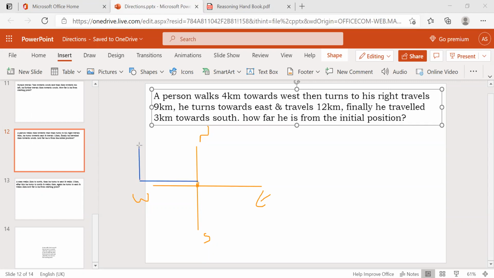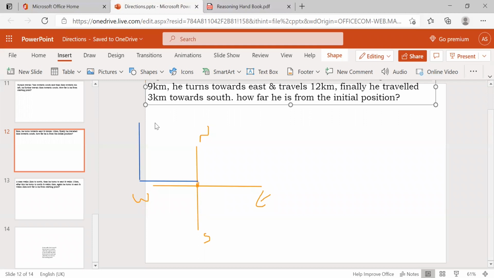So like this, 9 kilometers to travel. And then he turns east side. For this, it is nothing but east. Again like this. How many kilometers? 12 kilometers.